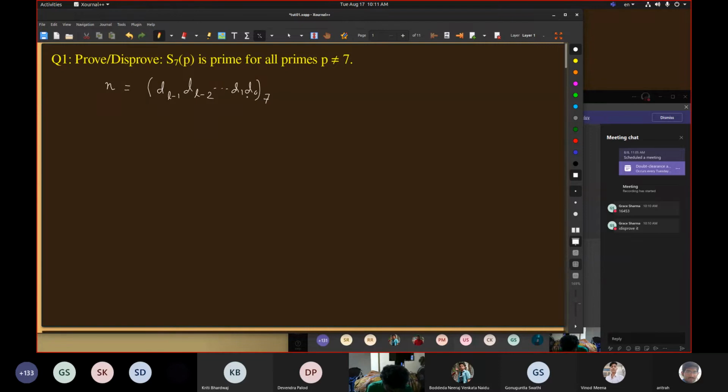So it is D0 plus D1 times 7 plus D2 times 7 squared and so on until D(L-1) times 7 to the power L-1. This is a 7-ary expansion, and here each Di, being a 7-ary digit, is in the range 0 to 6.